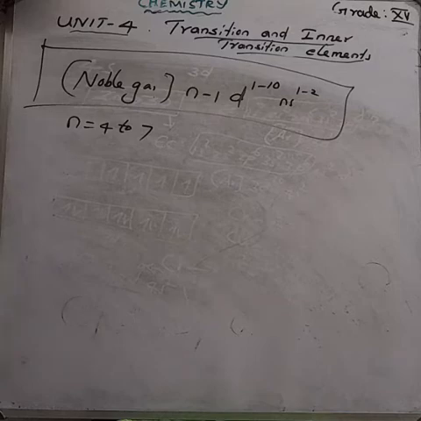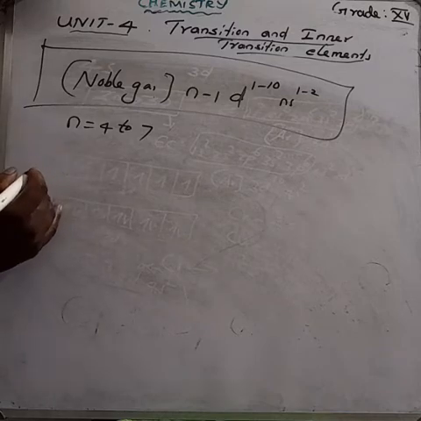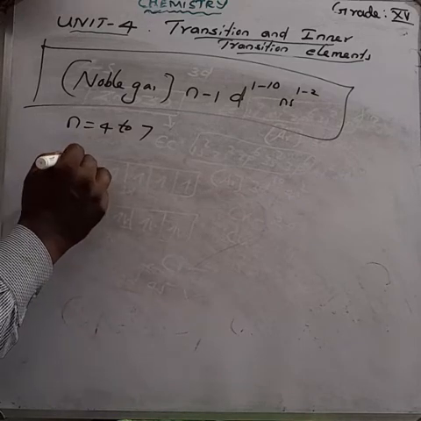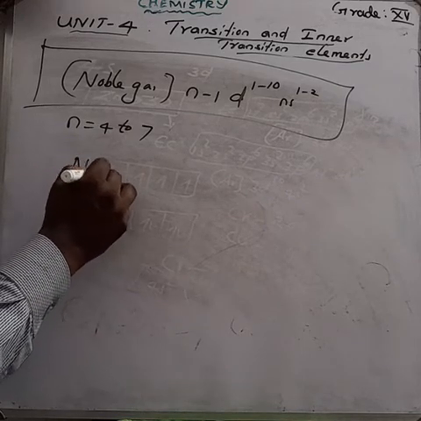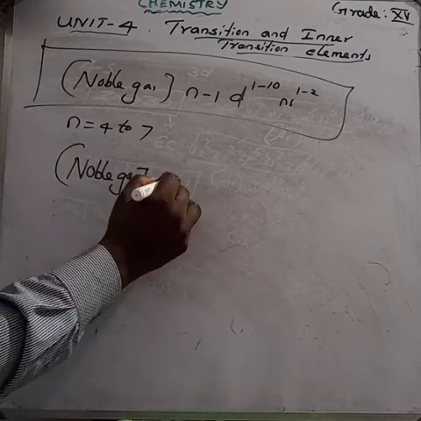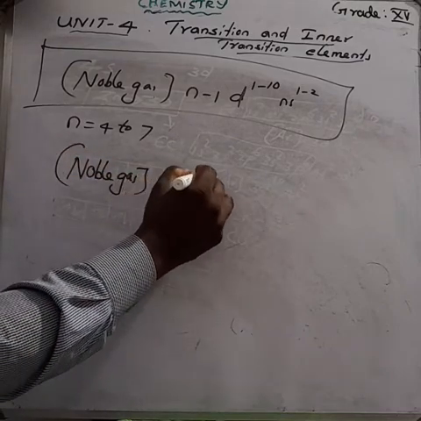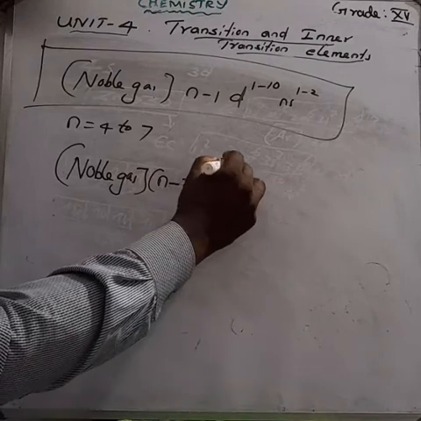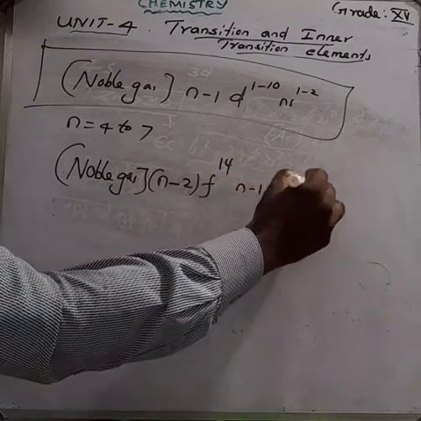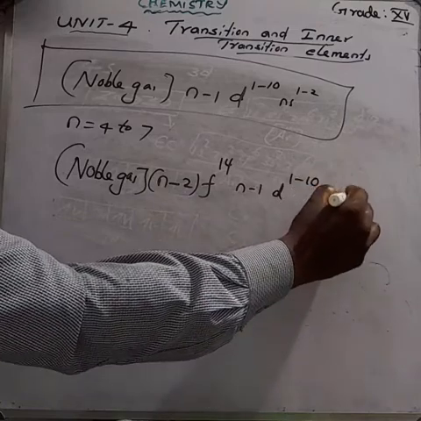This is for f-block elements. The (n minus 2) is the f orbital: noble gas, (n minus 2) f 14, (n minus 1) d 1 to 10, ns 1 to 2.